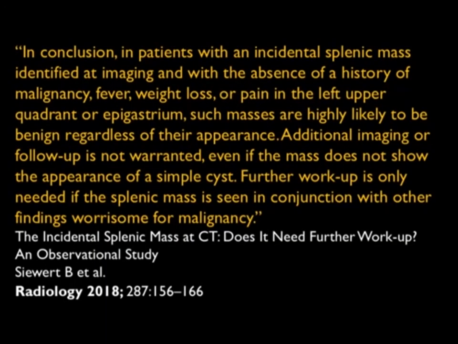Now, let's go back to the first slides we started with, and we concluded that most splenic lesions are benign. If you don't have symptoms or a history of malignancy, further workup is only needed if the splenic mass is seen in conjunction with other findings worrisome for malignancy. So this article goes a long way to making you feel more comfortable about watching things.